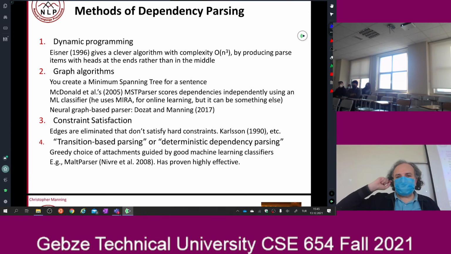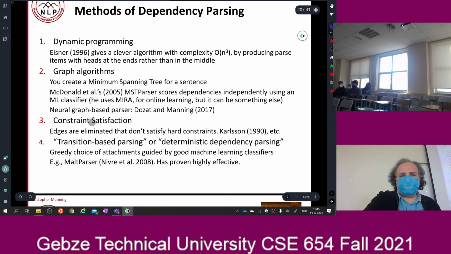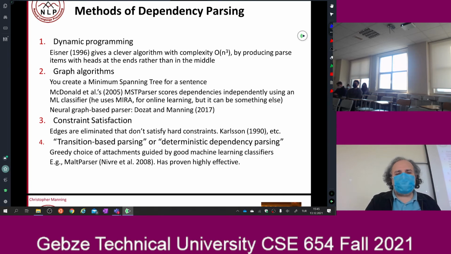The other one is constraint satisfaction. You say that everybody is related to everybody, then just start eliminating some stuff. Remember our rule-based part of speech taggers? It works that way. This is the third kind of dependency parsing system.